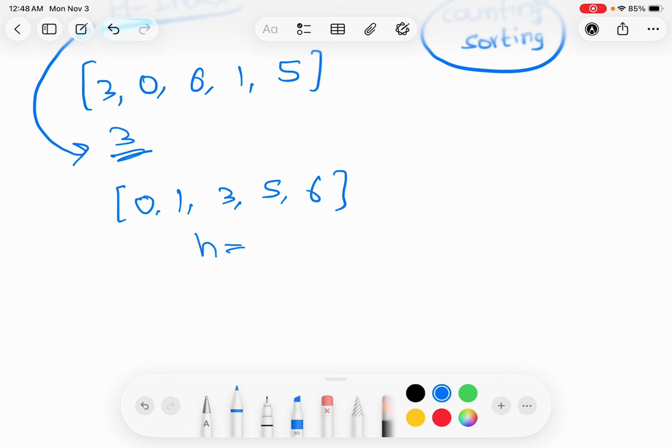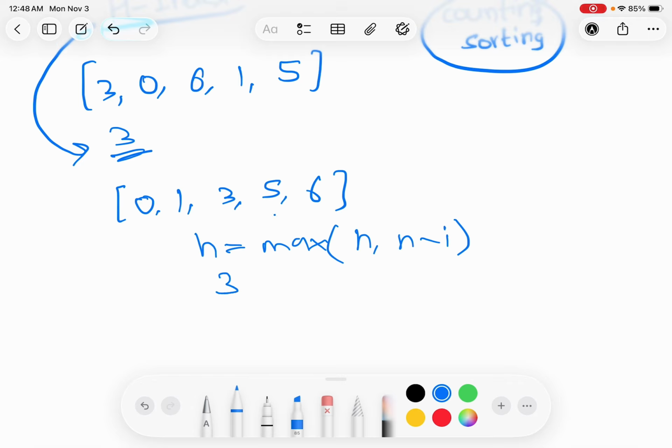So H would be the maximum of H and n minus i. H was initially 0. Here we got n minus i as 3, so we have 3.